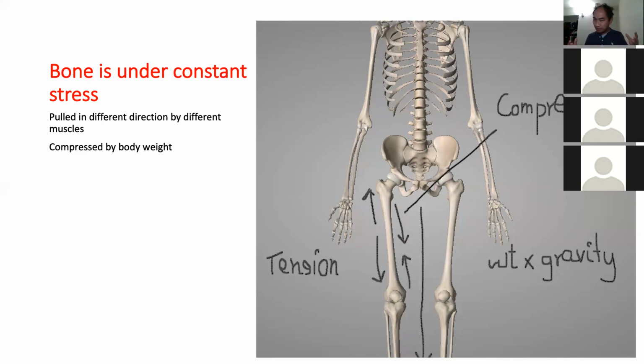For those people who are mainly on the bed, especially those who are immobile because of many different conditions, they are going to lose bone mass because the bone does not have to take the weight, and therefore they become lazy and they become soft. That's normal, that's life.